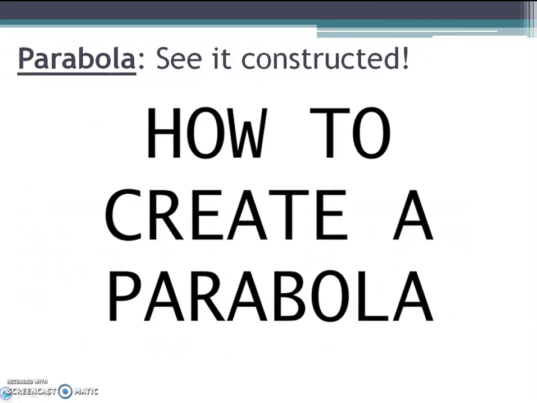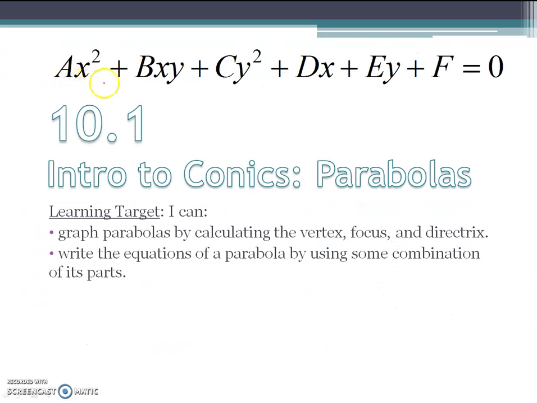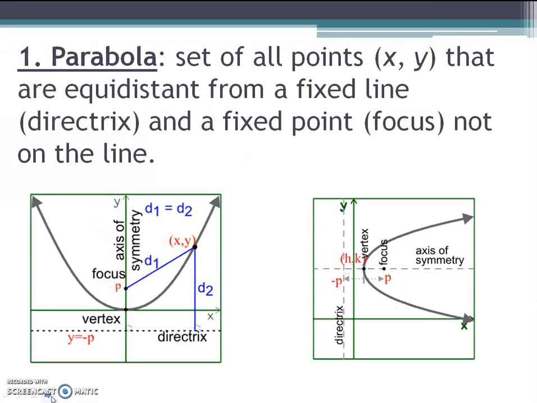If we go back to this slide, you see this big monstrosity of a general second-degree function. Based on the values and coefficients of certain terms of this function, you're going to be able to tell what kind of parabola it is. In fact, you can tell just by looking at the general form.